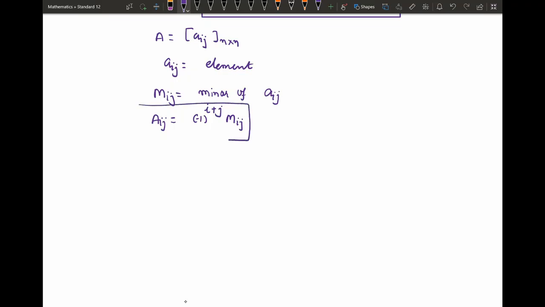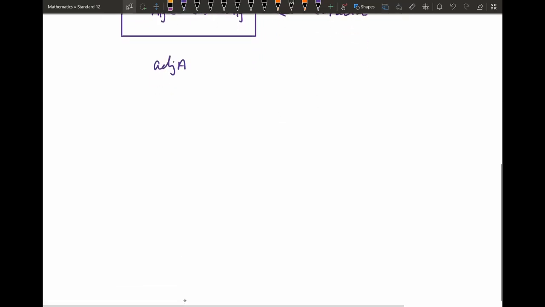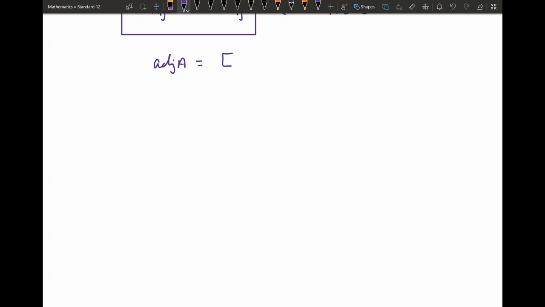This is the cofactor. And adjoint A equal to [Aji], or you can take it as adjoint A equal to [Eij], then you take transpose, and in fact it is a square matrix n by n.